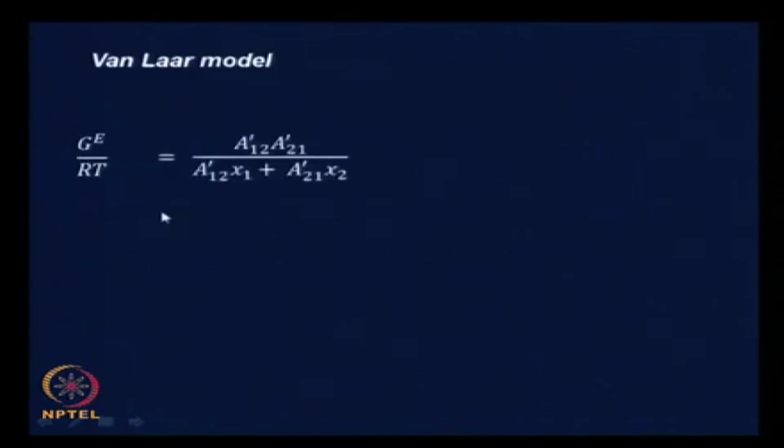Van Laar model, which is one of the popular models, G by RT equals A12 dash A21 dash x1 x2 divided by A12 dash x1 plus A21 dash x2.